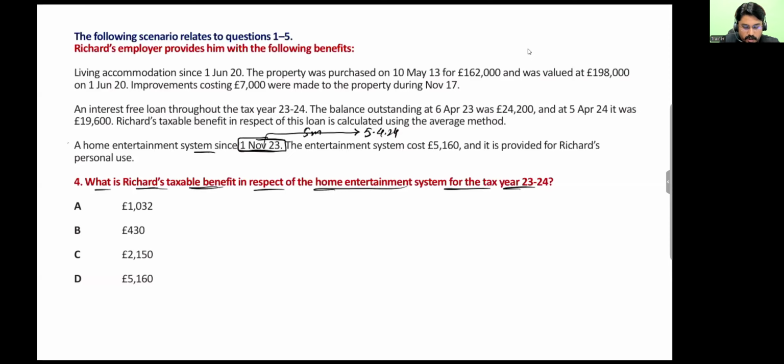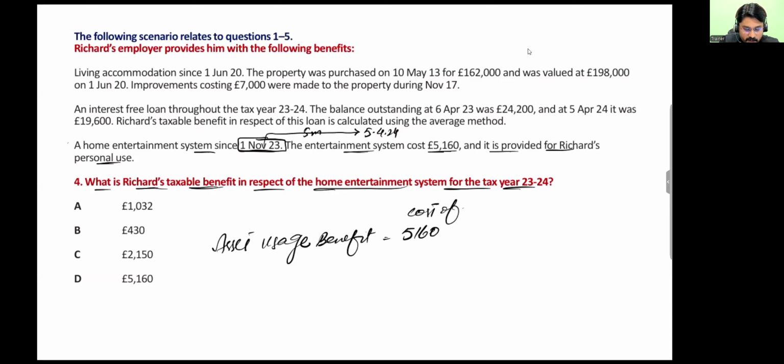The entertainment system cost 5160 and it's provided for Richard's personal use. When an asset is provided to an employee for personal use, then the asset usage benefit is calculated. For the calculation of asset usage benefit, we take the cost of the asset, multiply it by the fixed percentage, that is 20%, and also by the month portion.